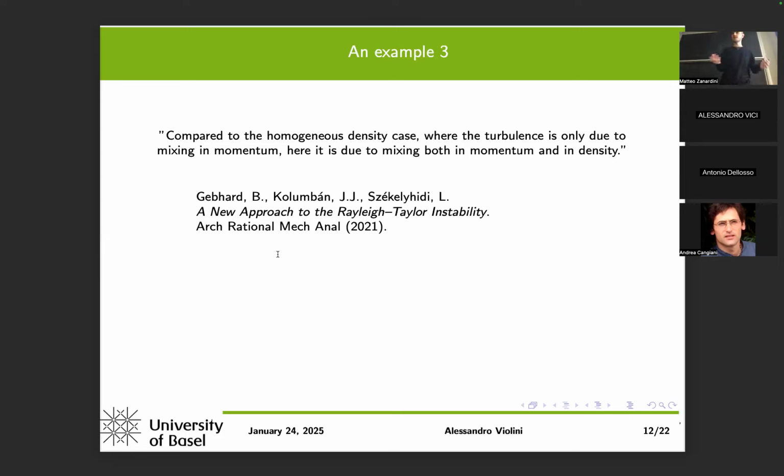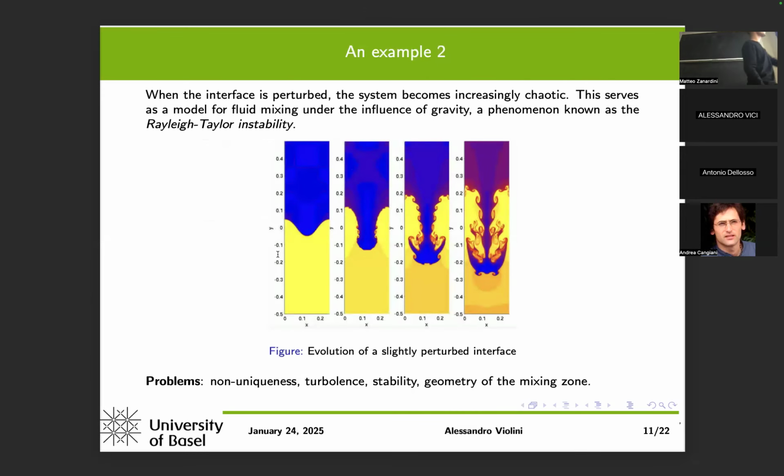One is intrinsic in Euler, so it's the Onsager case: you can lose energy because the velocity field is not regular. And the second one is that you can lose energy because the density is mixing. Because if I go here, probably here I'm losing energy, because the density is very, very mixed.